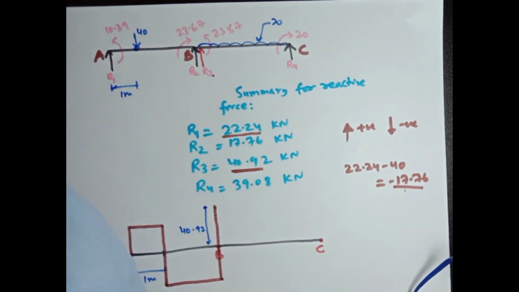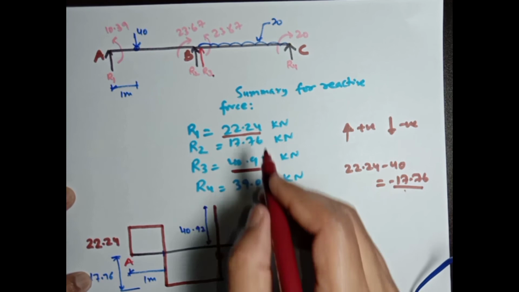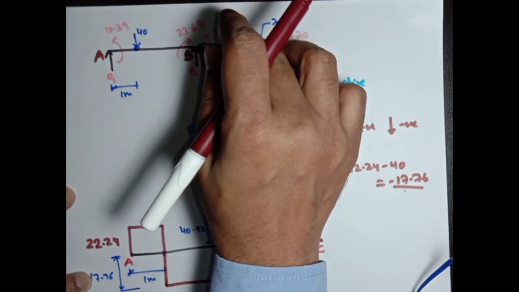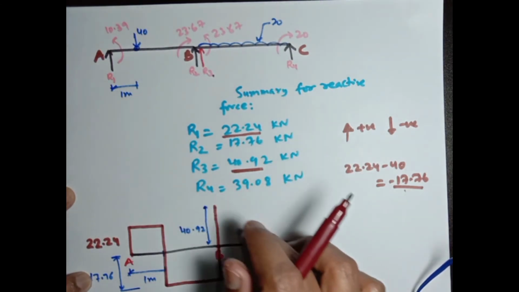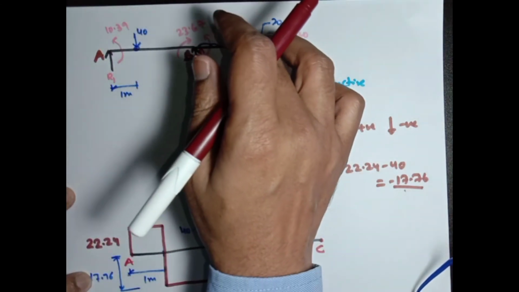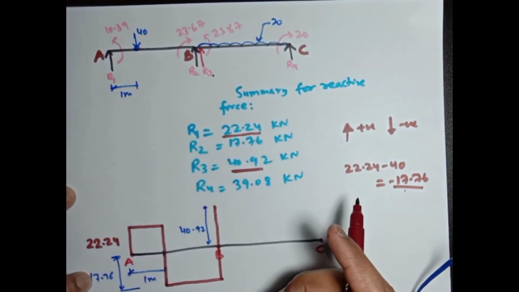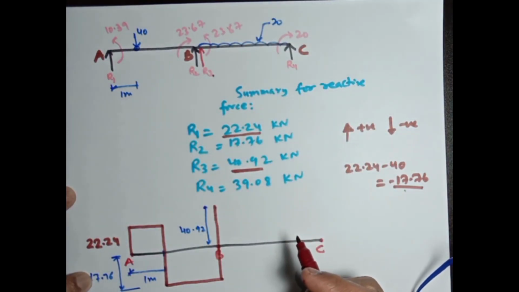And you can see here this is a UDL, so this load will decrease the shear force here, and the shear force diagram for a UDL is linear, a function of x, so a linear diagram will be there.